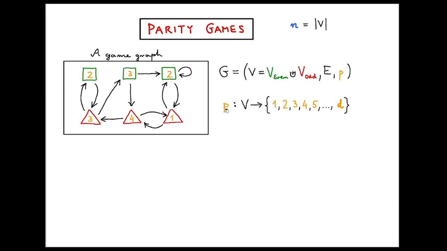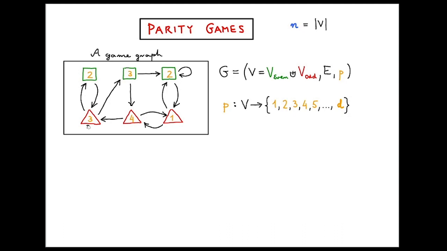It's going to be represented by this function which labels every vertex by a positive integer in some range from 1 to d. So every vertex is labeled by an orange number, and we call the number of each of those vertices its priority. This is a bit of jargon that is used in parity games.